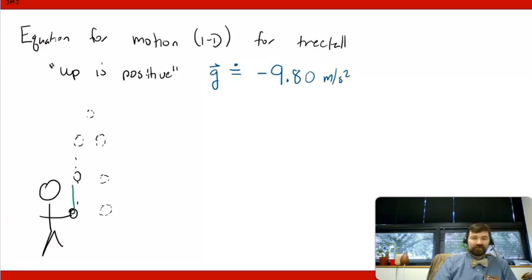Here the initial velocity is up, and it's getting slower and slower, and there's no velocity here at the top, and then it's down and getting bigger and bigger. So this is the velocity of this object.